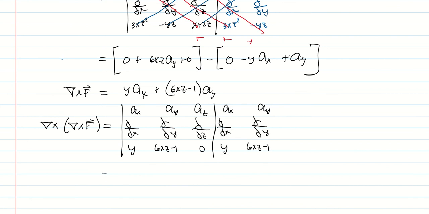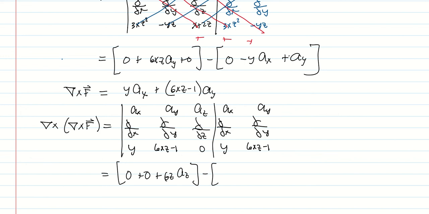For the one going down, partial derivative of 0 is just 0. Then partial derivative of y with respect to z is 0. So plus 0 again. Then lastly, for the az component, partial derivative of 6xz minus 1 with respect to x is just equal to 6z, so plus 6z because z is constant. That is in the az direction.